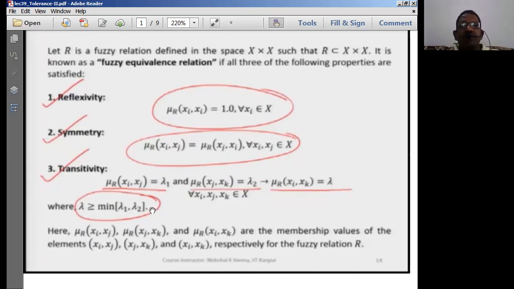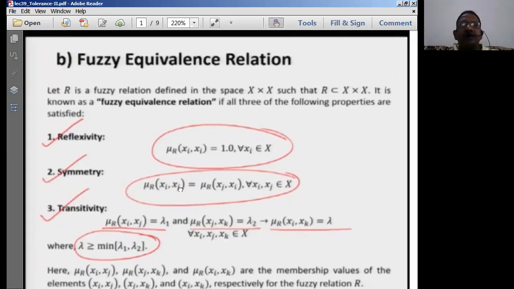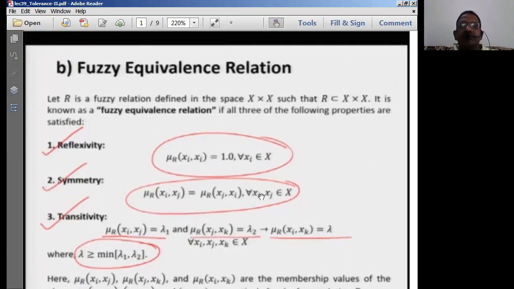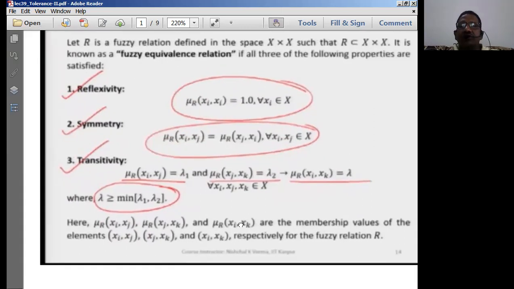If this criterion is satisfied for all the elements, then we say the transitivity property has been satisfied. If all three properties are satisfied, then only we say the relation is a fuzzy equivalence relation.